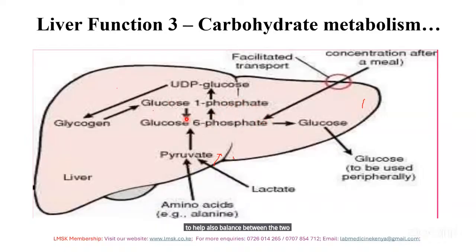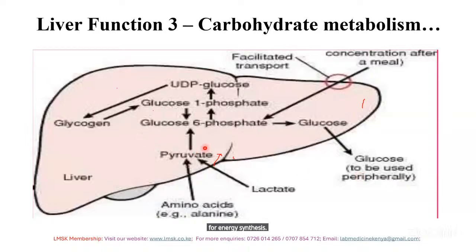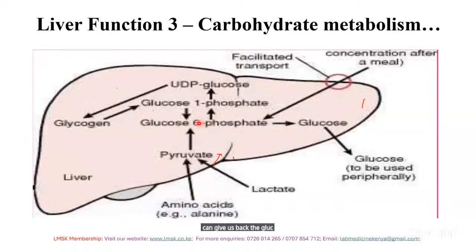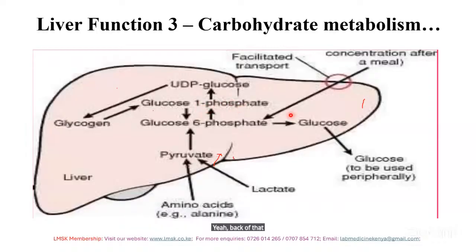And through these particular actions, they're going to give us glucose, which is going to be used for energy synthesis. When there is inadequate respiration, lactate is going to be formed. And amino acids can also come here to form pyruvate, which through gluconeogenesis can give us back the glucose 6-phosphate, which can be converted to glucose 1-phosphate, and the process is reversible here. So now the glucose metabolism is controlled.